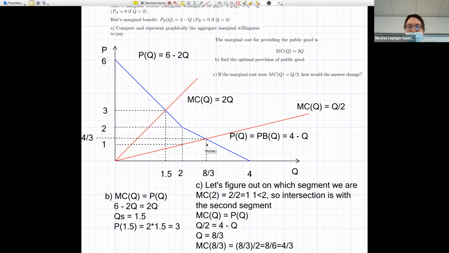So my answer makes sense. If I had gotten something like 20 divided by 3, then you know that it's up there, so this can't be the case, and you made a mistake. So just drawing your things well is very helpful to make sure you didn't mess up.